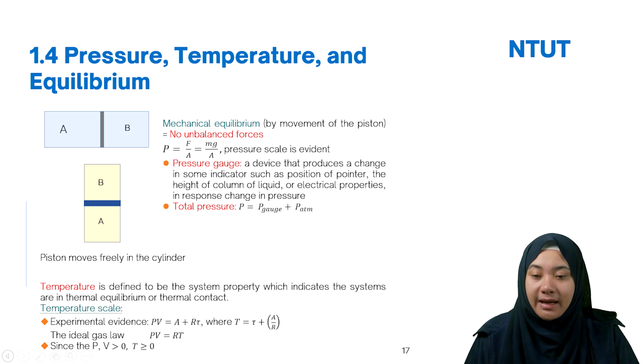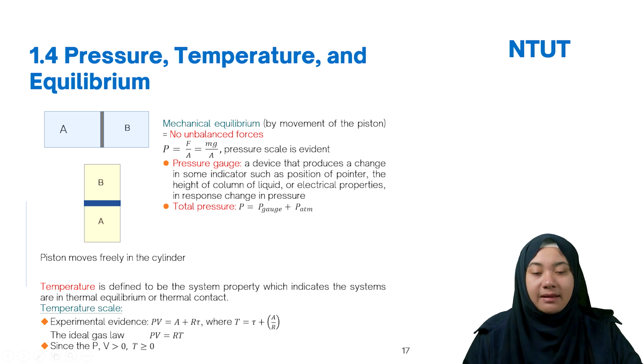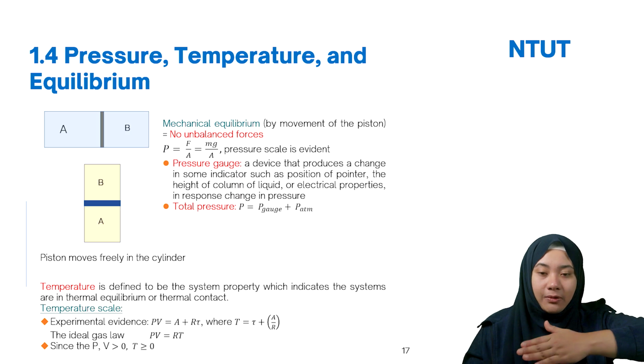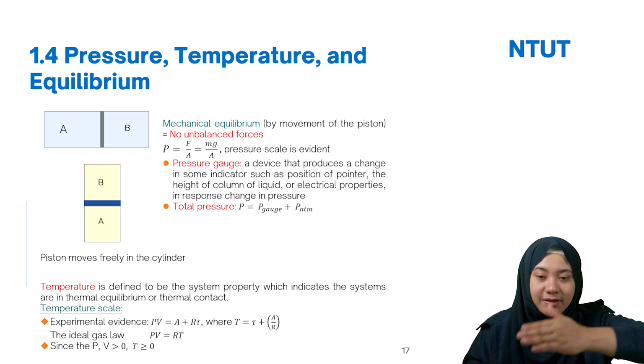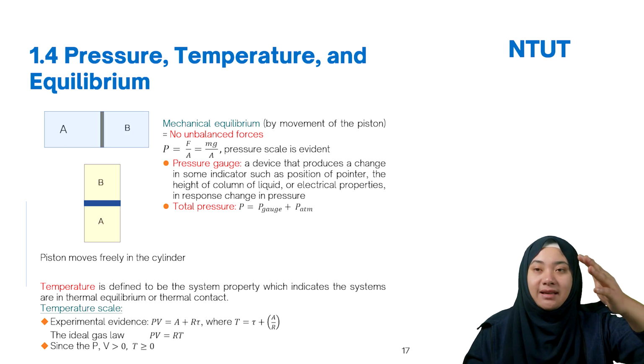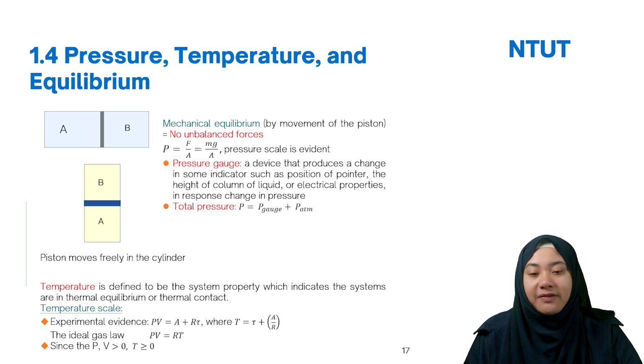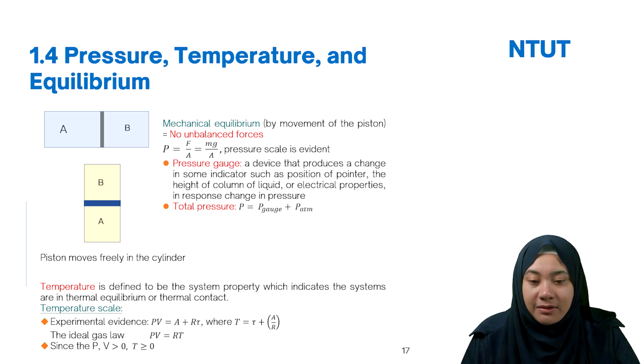For example, I have here A and B. A and B are kinds of pistons. In the middle, they have a system that can easily flow to the right and left, so they move freely, frictionless. We don't have friction here. To calculate, for the piston, we have the pressure inside.